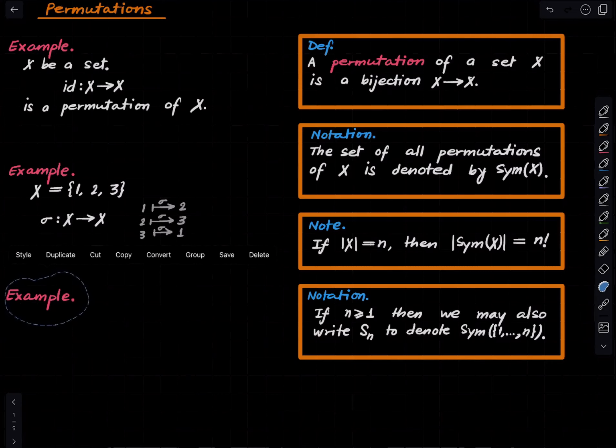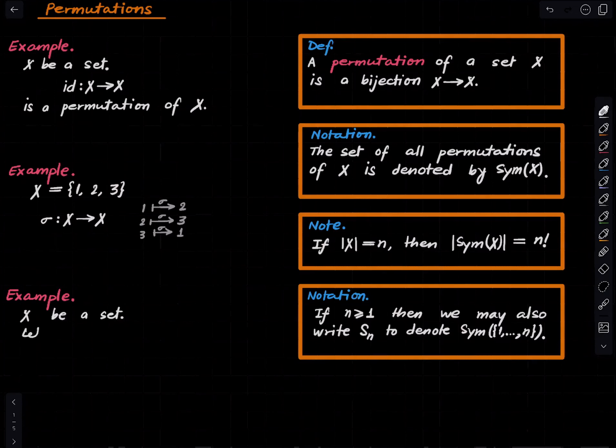And now for a more generic example, suppose X is any set. It could be an infinite set, doesn't matter. And let a and b be 2 distinct elements in it. Then we can define a permutation tau as follows.